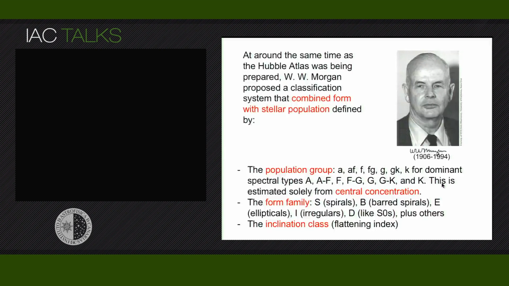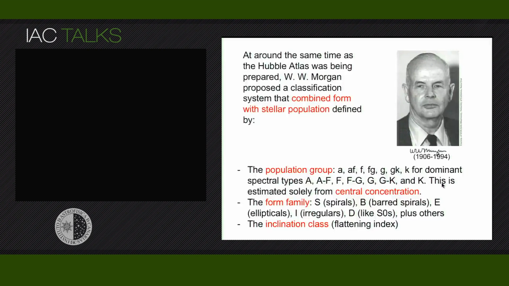Now, at about the same time, and this is interesting too, William W. Morgan appreciated the Hubble classification system, but he thought it could take into account stellar populations. The stellar populations vary along the Hubble sequence, especially in the spirals. So he wanted to allow for the stellar population to be part of a classification.